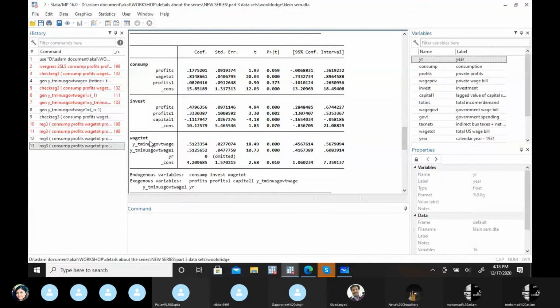So wage is estimated from these variables, and if we introduce that as an instrumental variable in this equation, that we say is 2SLS.